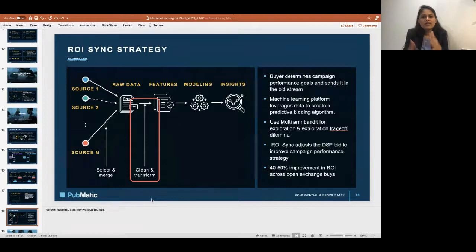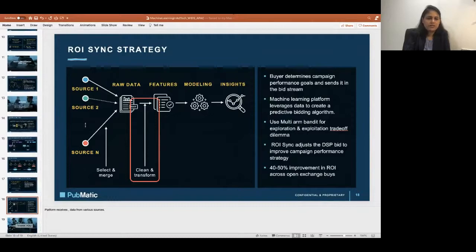ROI Sync models adjust the DSP bid price in order to improve campaign performance. Through this, we have observed a 40 to 50% improvement in ROI across the open exchange price. The solution is very effective in supply path optimization, and it has also helped increase publisher yield.